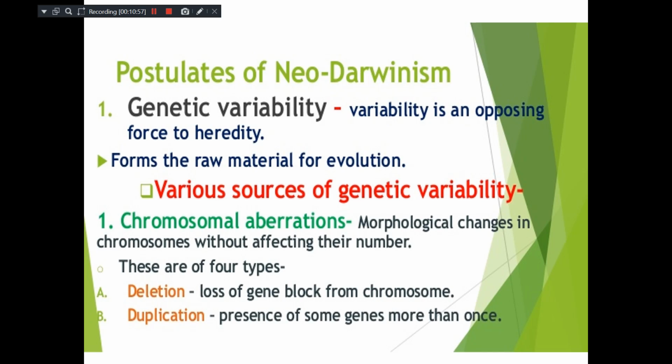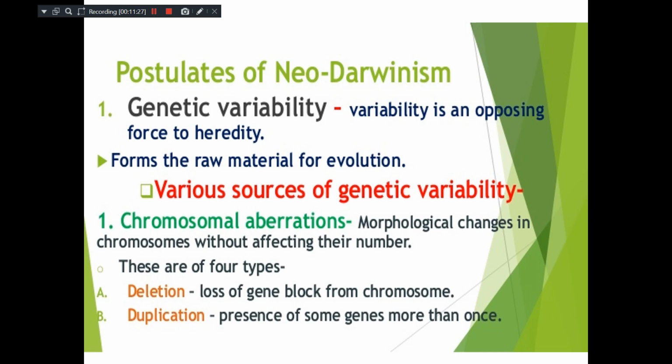Genetic variability is brought about by chromosomal aberrations, the morphological changes that take place in the chromosome without affecting their number. The number is not going to change. If in a human being there are 23 pairs of chromosomes, those 23 pairs remain. But within the chromosome there may be some morphological changes.